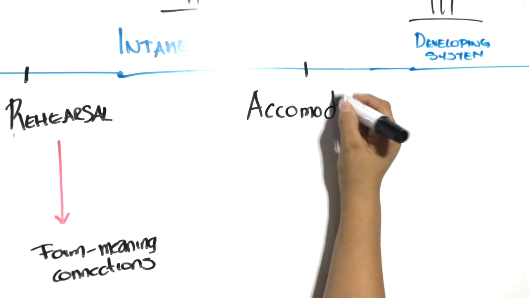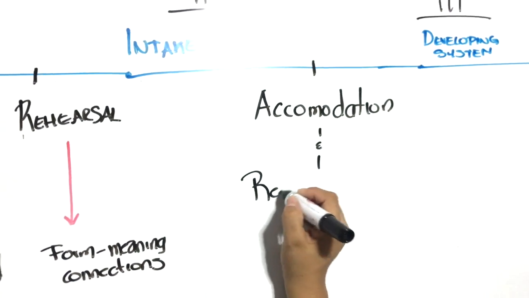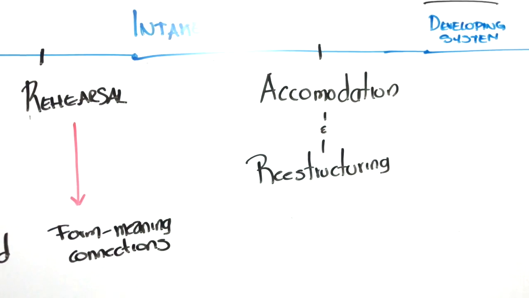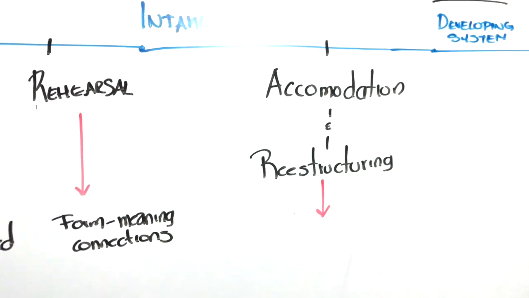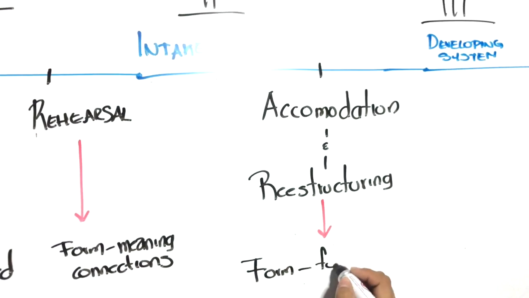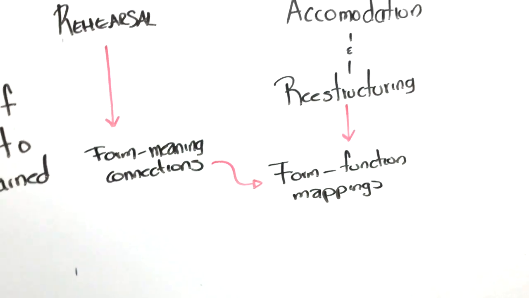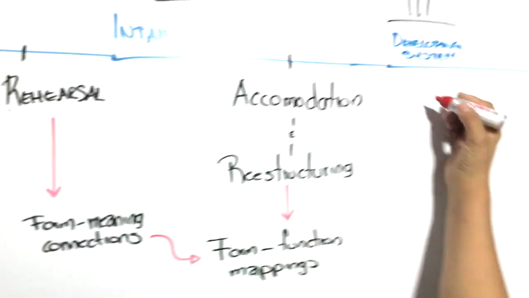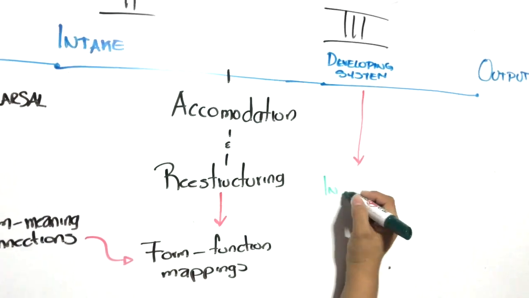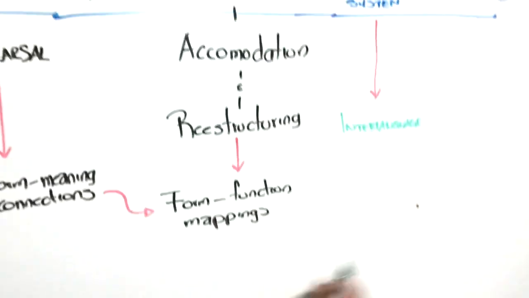After this, the information goes through accommodation and restructuration to get some form-function mappings. So, these form-meaning connections get transformed into form-function mappings, and that's how we get to interlanguage.